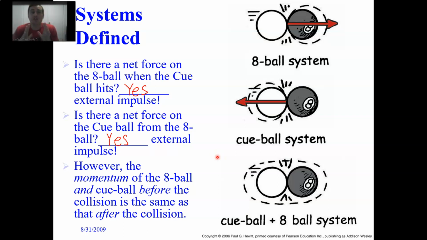In some sense, there's no net force on the system collectively. So the momentum of the 8 ball and cue ball system before the collision is the same as the momentum of the cue ball and 8 ball system after the collision. That is to say, if all the forces are internal only, the momentum is exactly conserved.